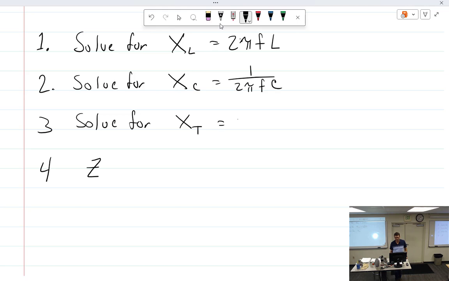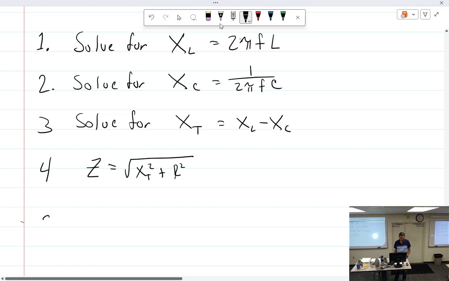X of T equals X of L minus X of C. Z equals the square root of X total squared plus R squared. 5, I total, which is E divided by Z.